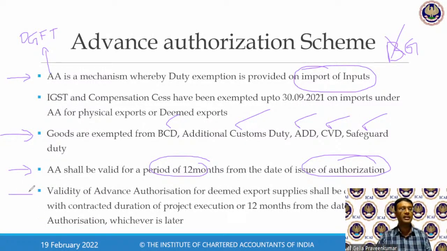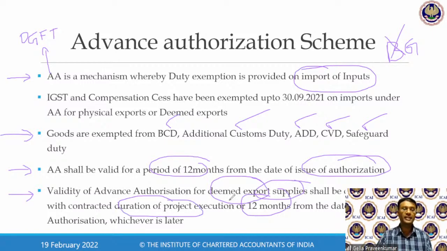Now, what if I want to use this advance authorization for deemed export supplies? That means EOU related aspects. Instead of 12 months, they will see what is the duration of the project for these deemed exports. Whichever is later, that will be taken into consideration.